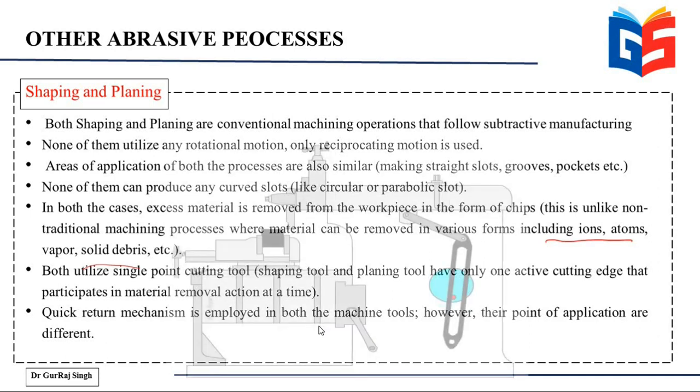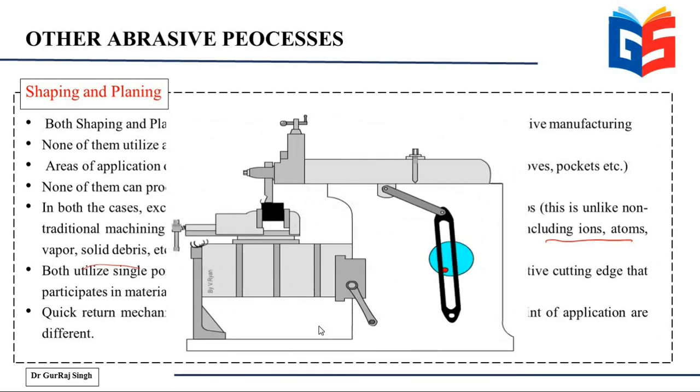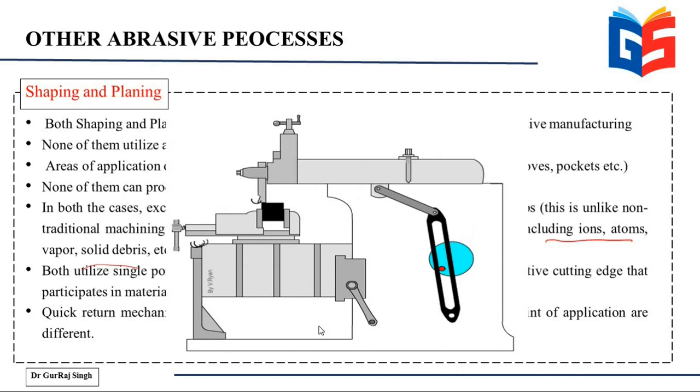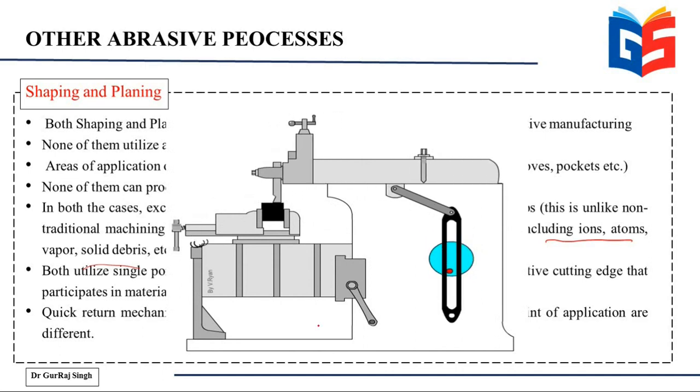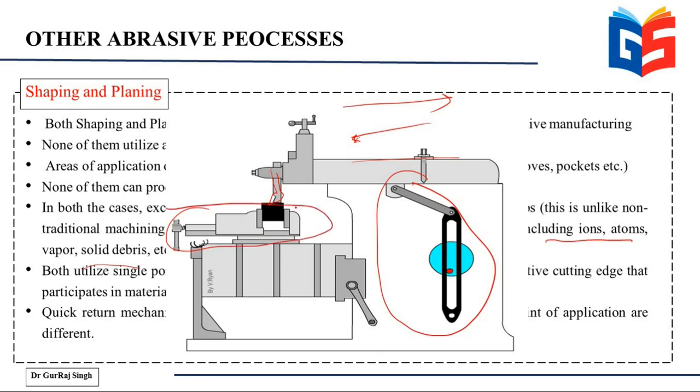So what do you mean by a quick return mechanism? This is a quick return mechanism, a Whitworth's quick return mechanism. And as you see here, you have this mechanism that is driving the ram, which is holding the tool, and it is moving in a to and fro reciprocation. And this is the vise on which the workpiece is being held.